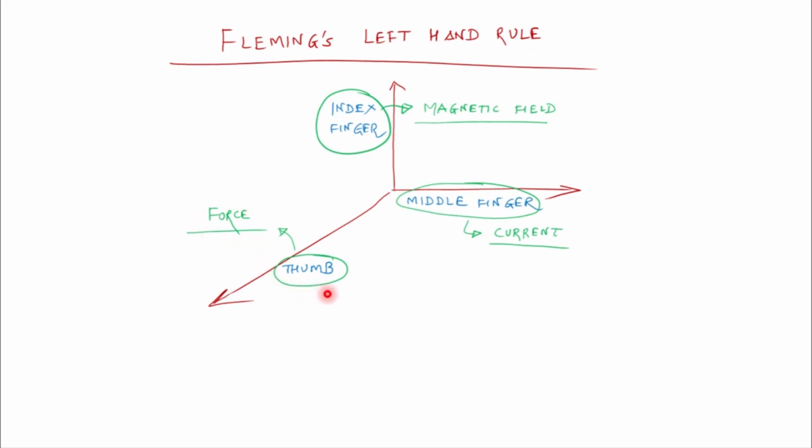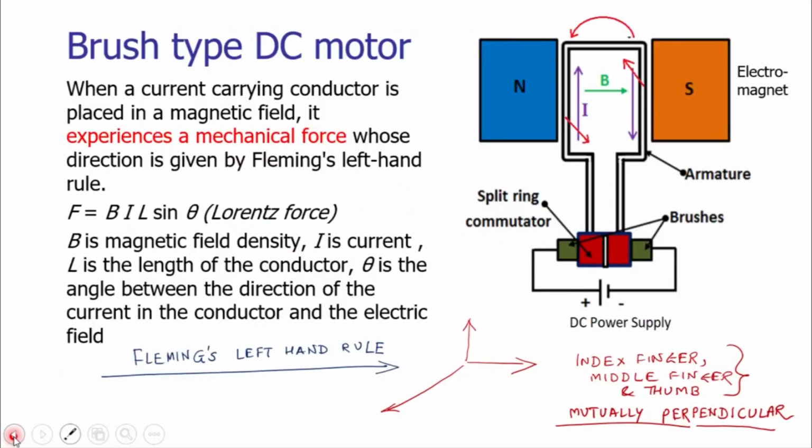So by applying Fleming's left-hand rule, we can easily find out the direction of the force along which the conductor is moving. Let us go back and look at it. Now if we apply Fleming's left-hand rule over here, the index finger represents the magnetic field, the middle finger represents the current flowing across the magnetic field.